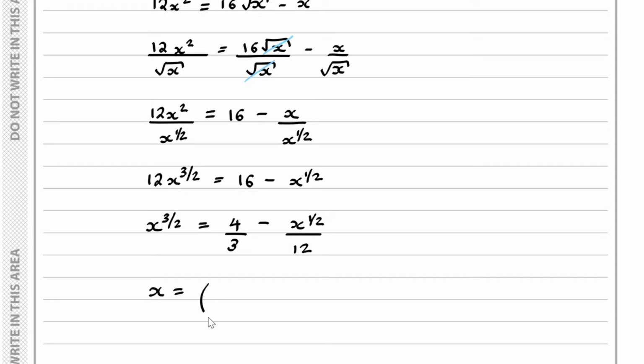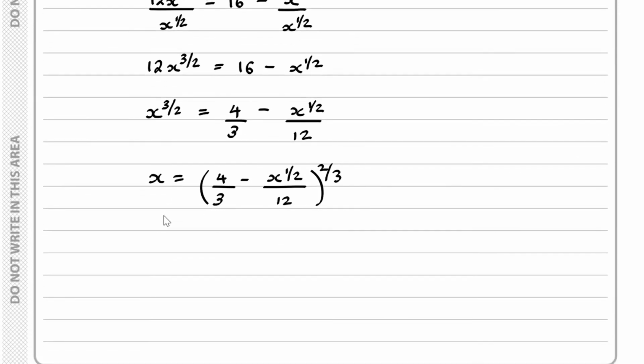So we have x equals 4/3 minus x to the power of 1/2 divided by 12, all to the power of 2/3. And this is exactly what we wanted to show, because from here you can see in conclusion x is equal to 4/3 minus root x, which is the same as x to the power of 1/2, divided by 12, raised to the power of 2/3.